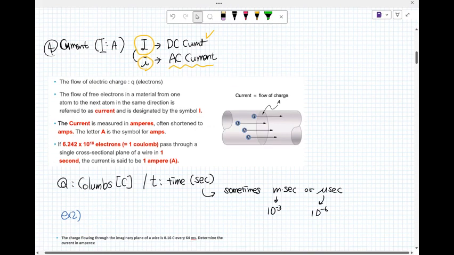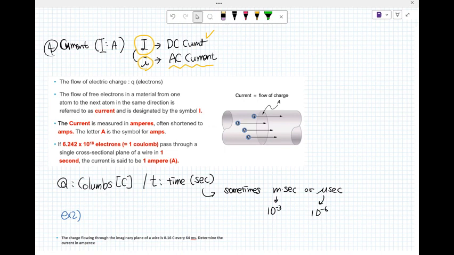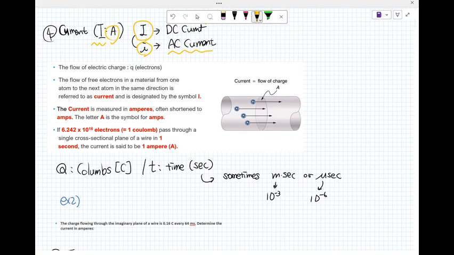So the current is usually defined as the flow of electric charge, okay? So the current has the symbol I, the unit A, okay? So the current is like 1 ampere.